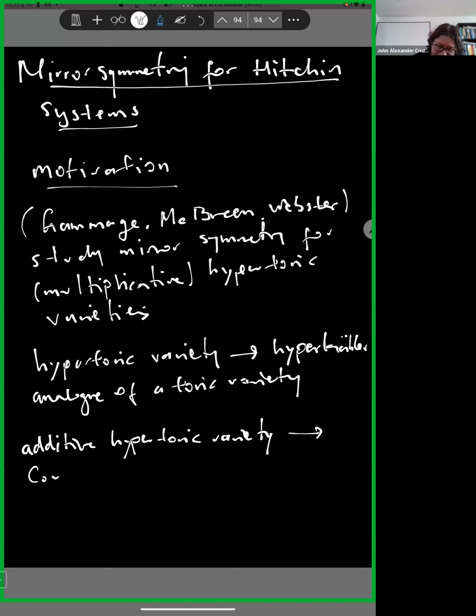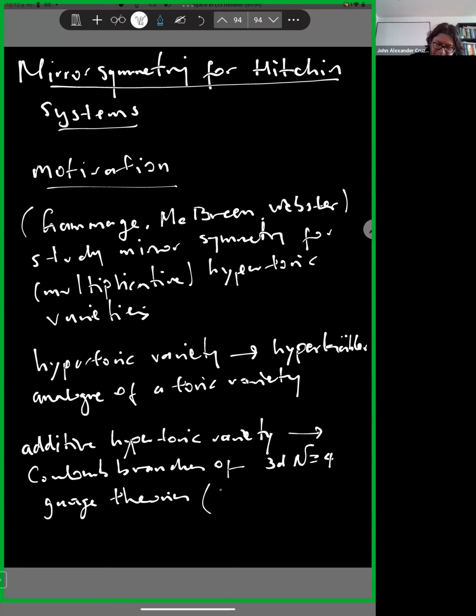So in the notation of the last session, this is the X in the Aganagic picture.